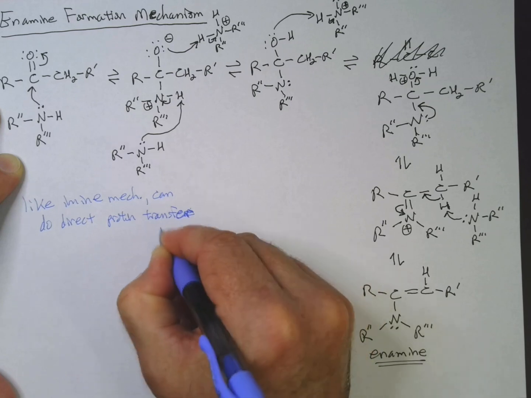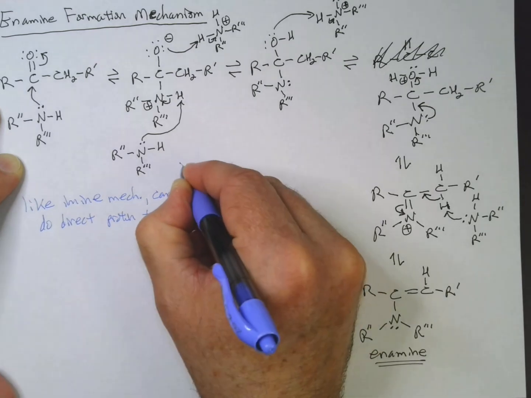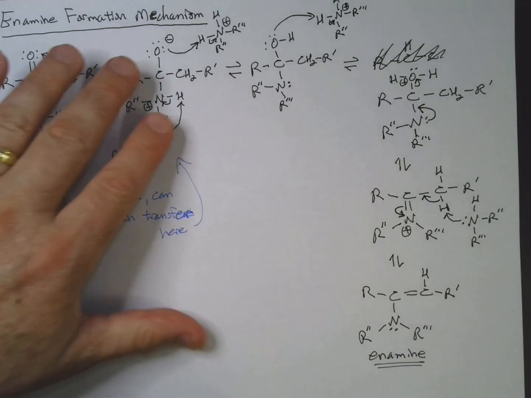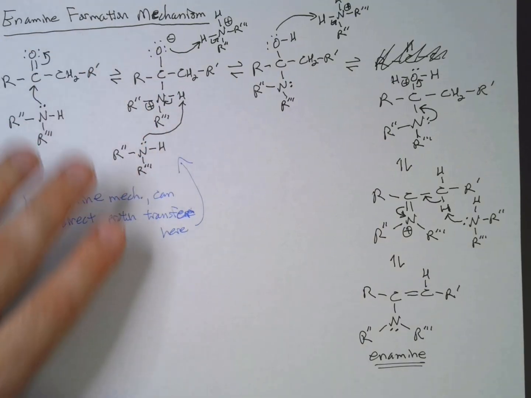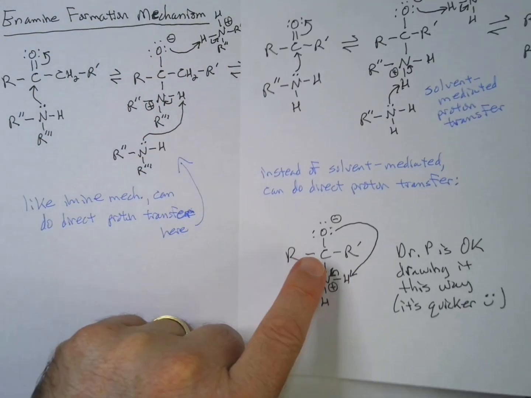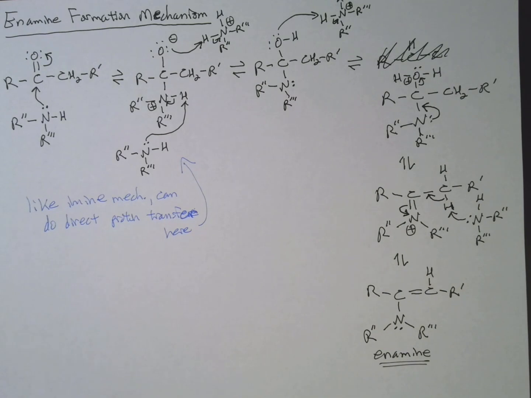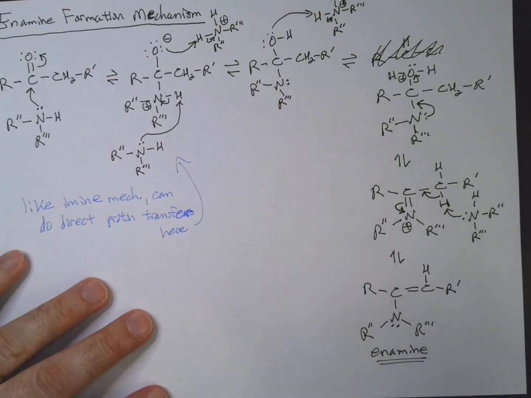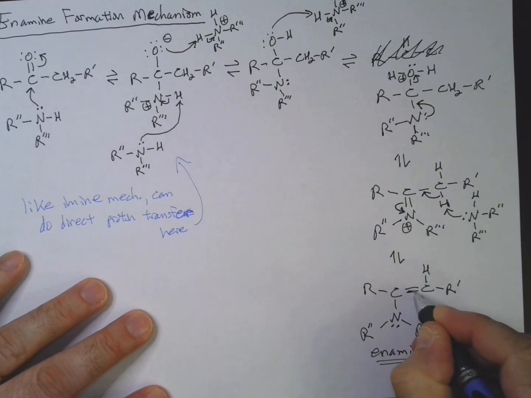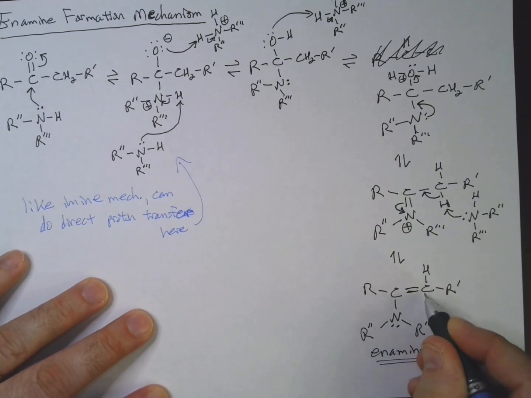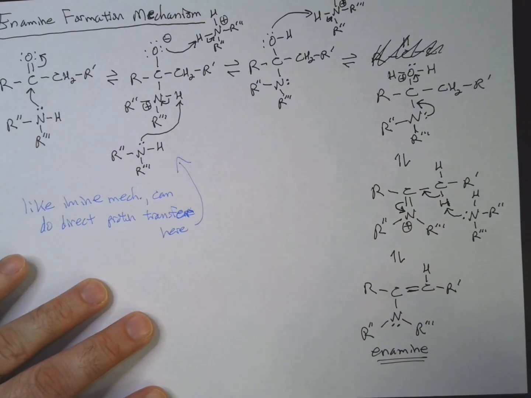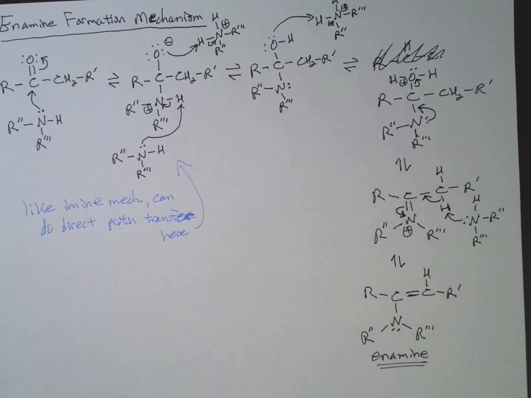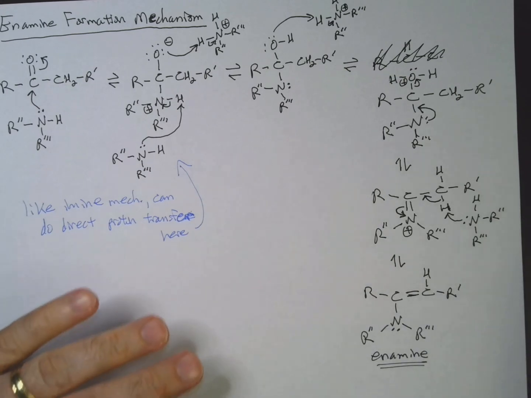So again, in this step, we can do the direct proton transfer, like this one, if we wanted to. All right. So this gives us our enamine, and it's called an enamine because it's an amine and an alkene. In a couple chapters, we'll see enols, which are alkenes and alcohols. Enols, enamines.